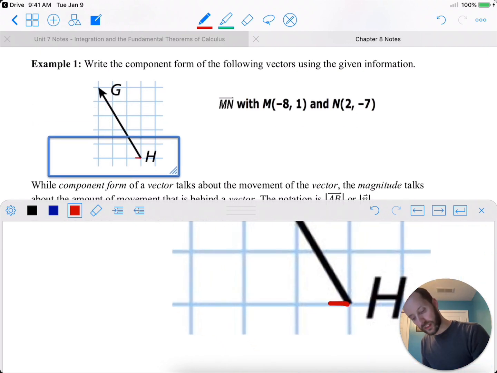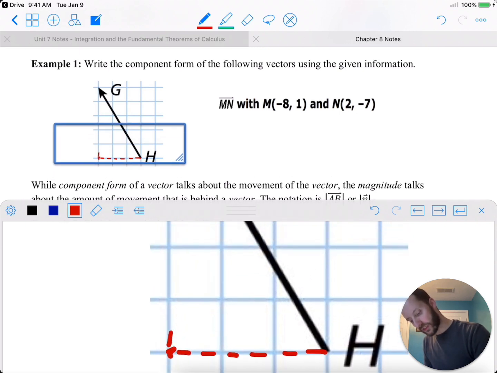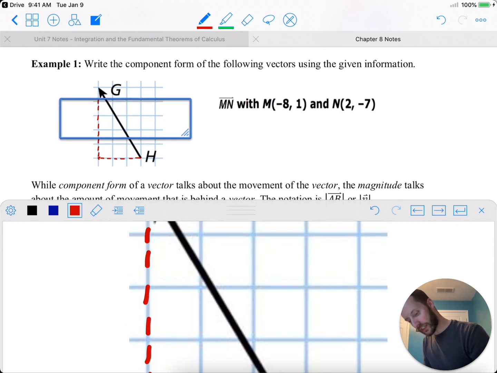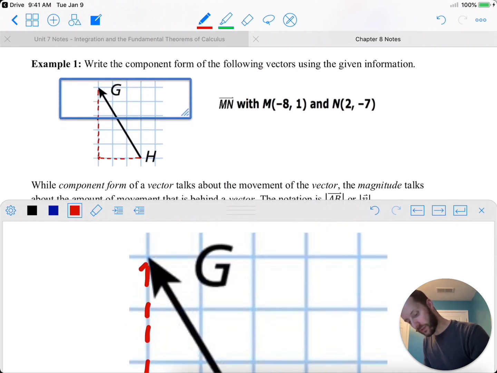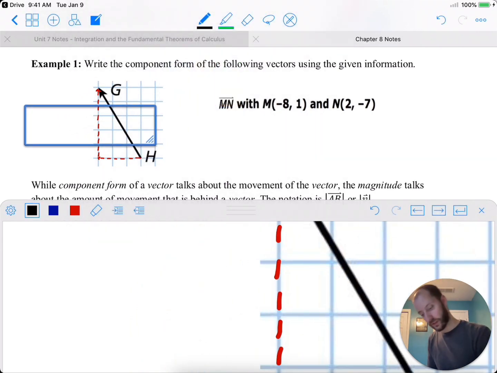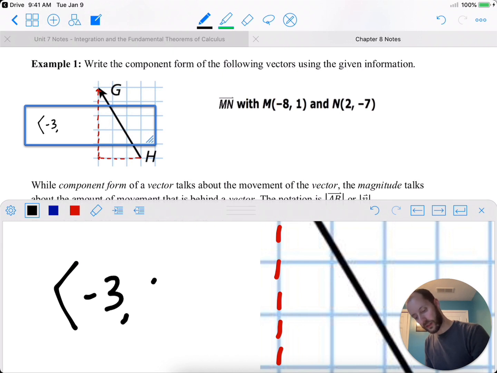So it goes left, and then it goes up. So left, my horizontal will be negative. Up, my vertical will be positive. So negative 3, 3 left, comma 5, 5 up.